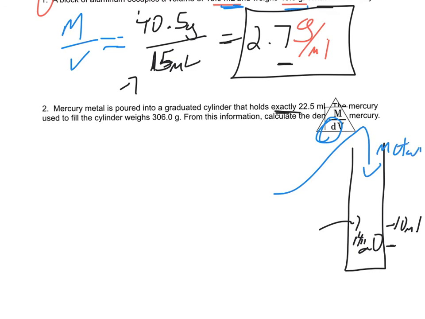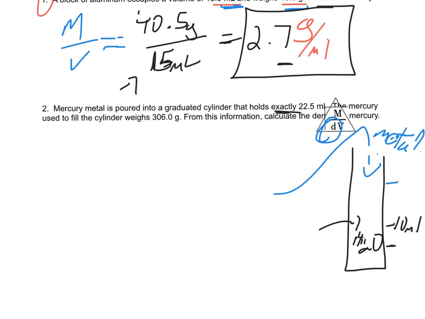The metal goes inside the cylinder. Okay, now you're going to slide it in carefully because you don't want to break the glass if it's a glass cylinder. This is called displacement.